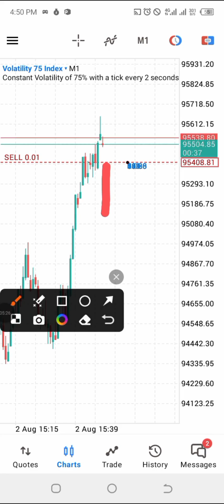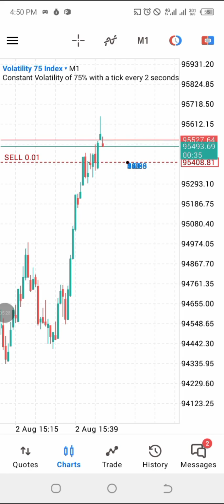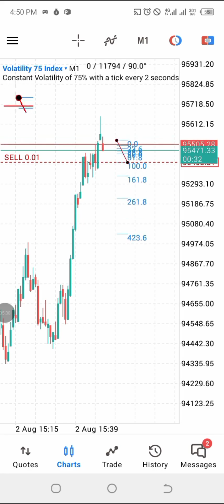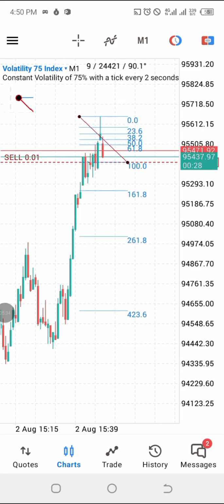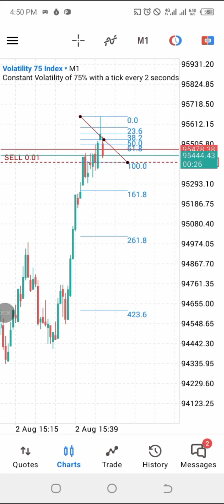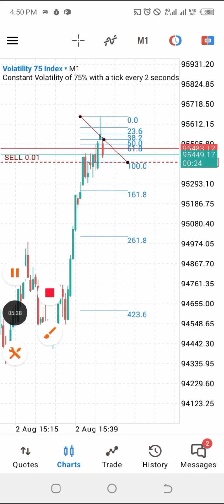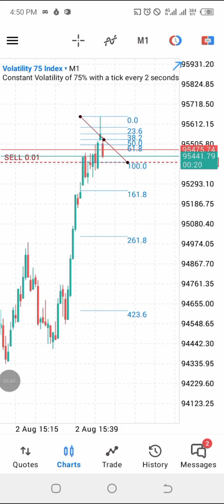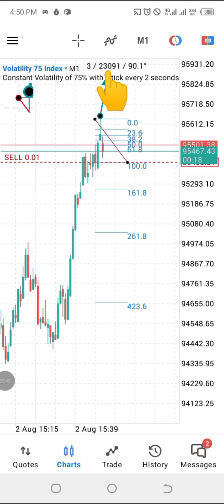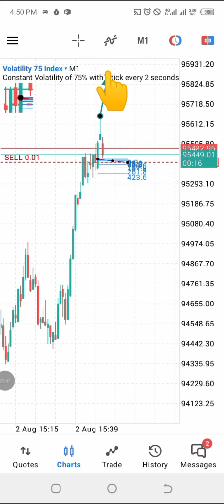So that means that as you sold, your stop loss will be up. Just drag this up. Now, as you are dragging it up, your attention should be here. Okay, so let's continue.